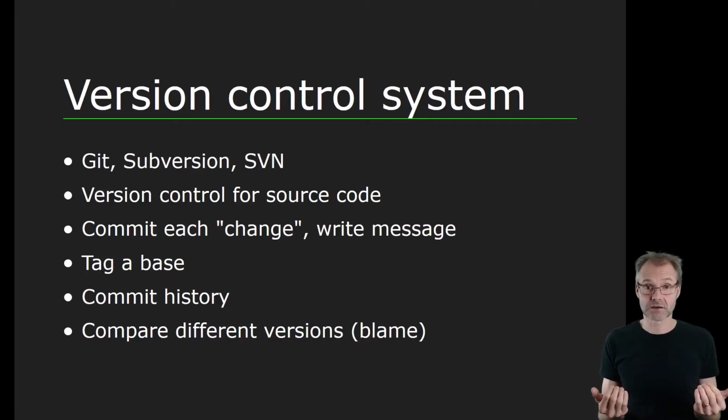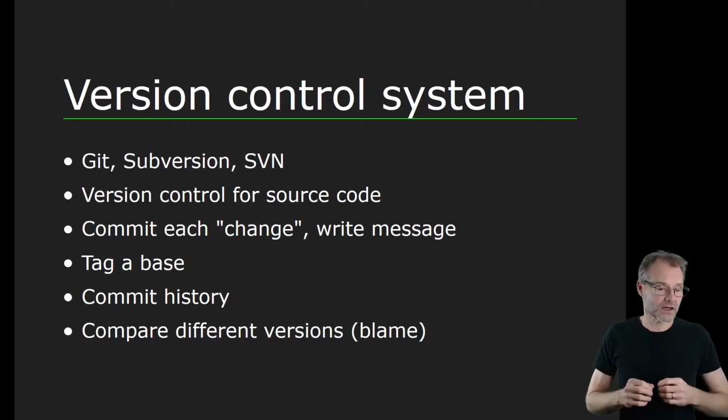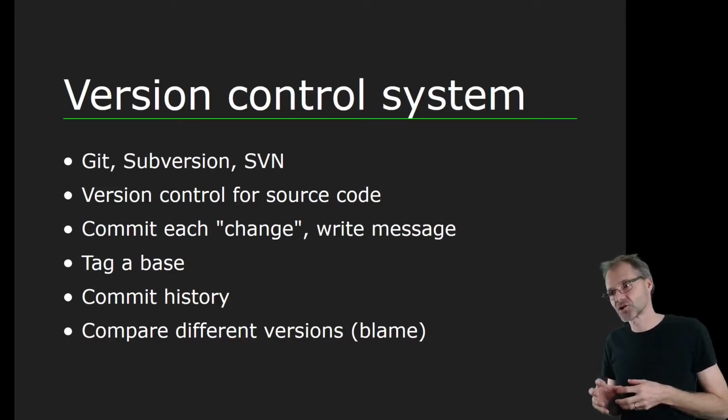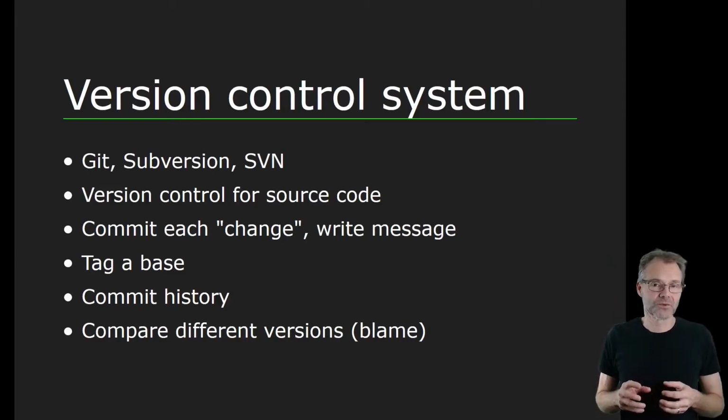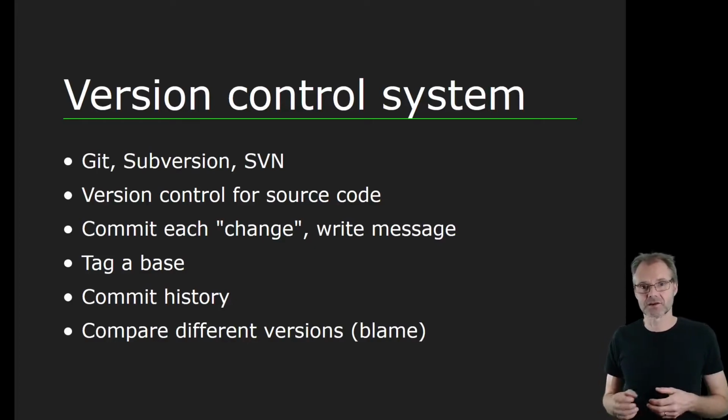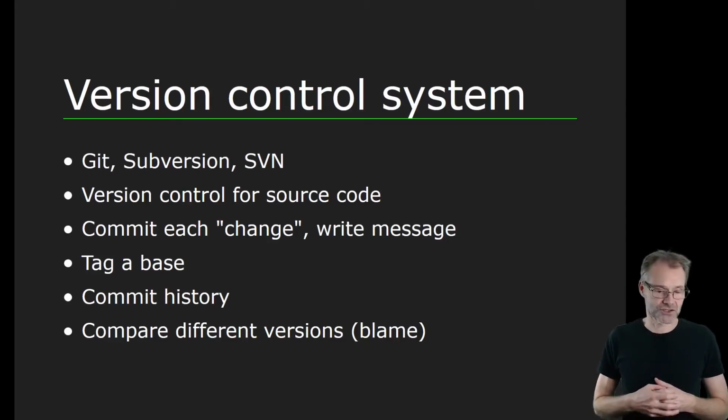The history is complete. I guess Git is one of the most common software version control systems that we are using today. Subversion, SVN, or others, and there exist many more of these version systems.